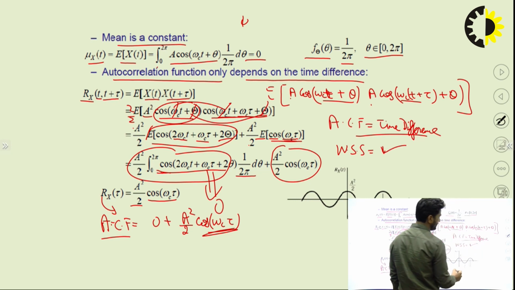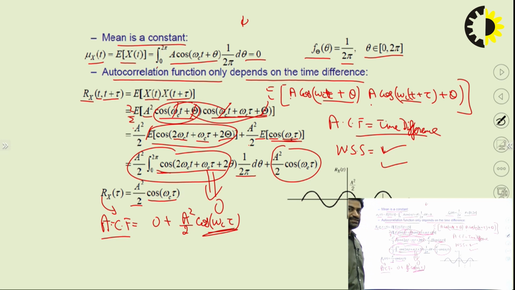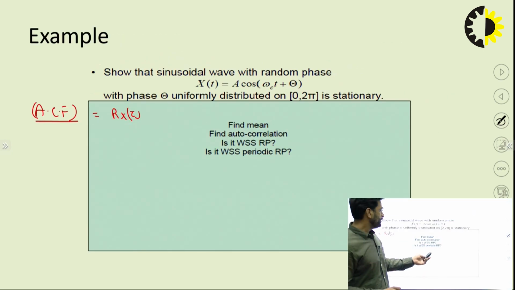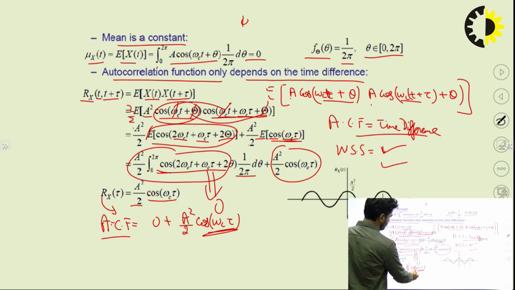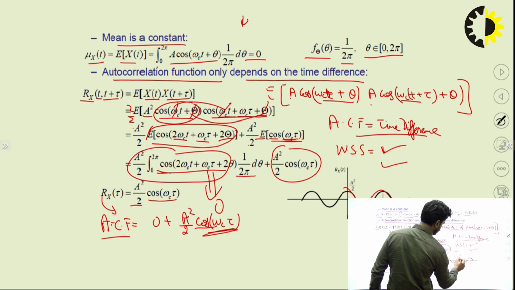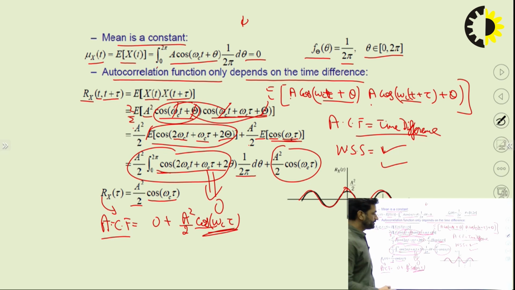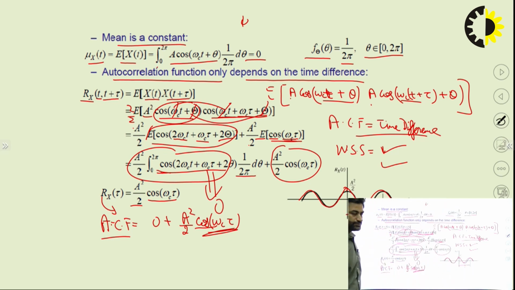We have done the mean and we have calculated the ACF, so it's a WSS process. Now we have to find out whether it's WSS periodic or not. Now here you can see, if we draw this cosine function having a value A squared by 2, it's periodic with a time interval of this. So it's periodic.